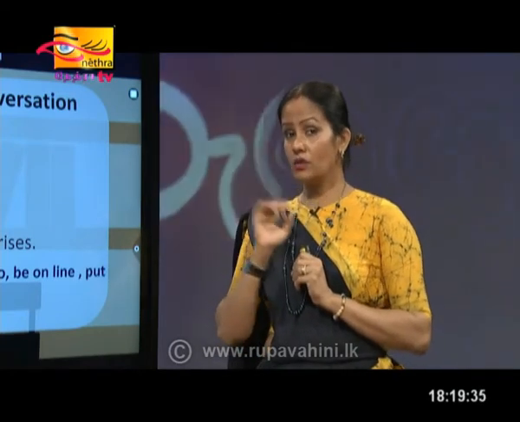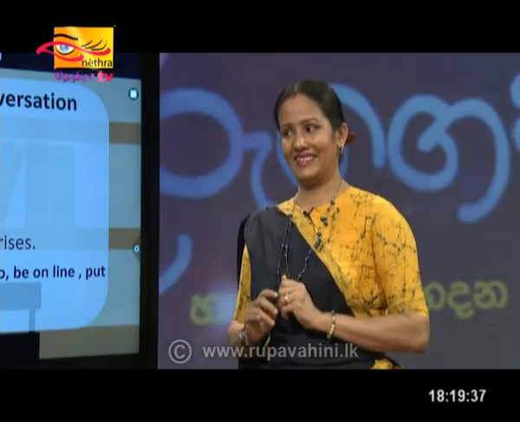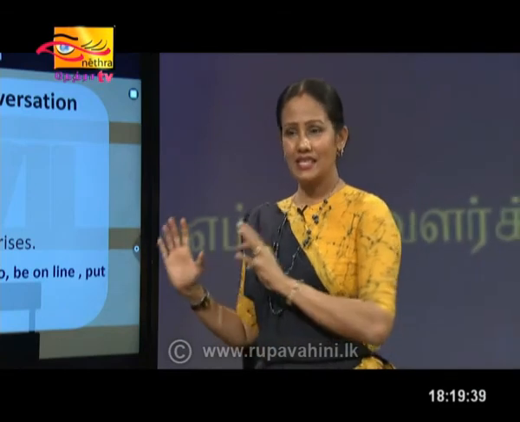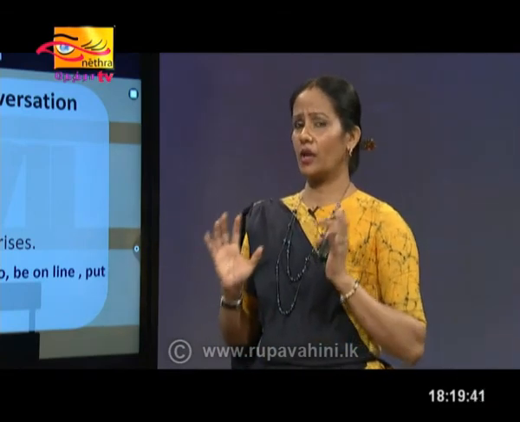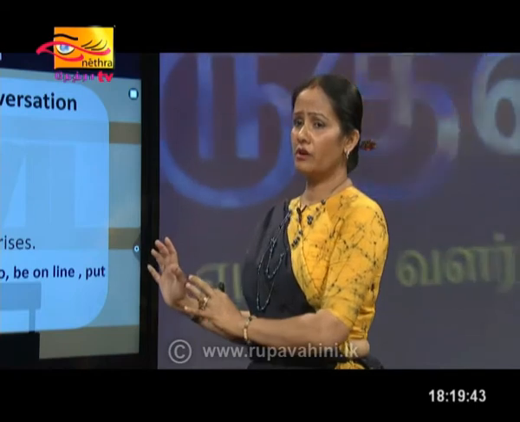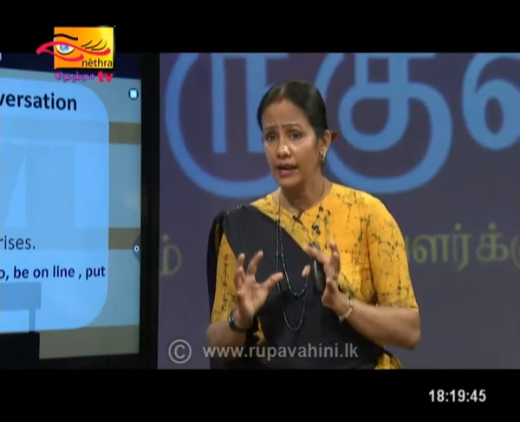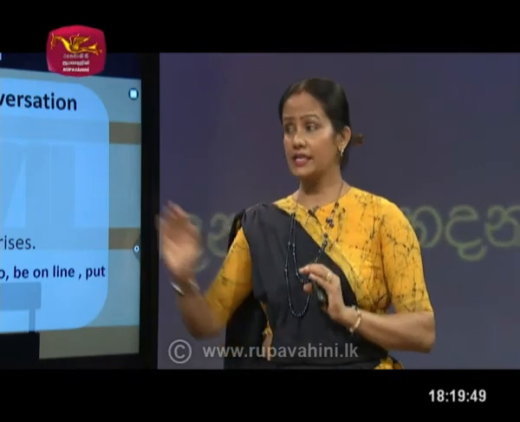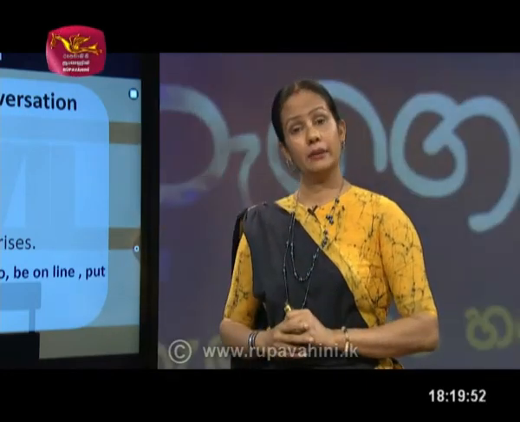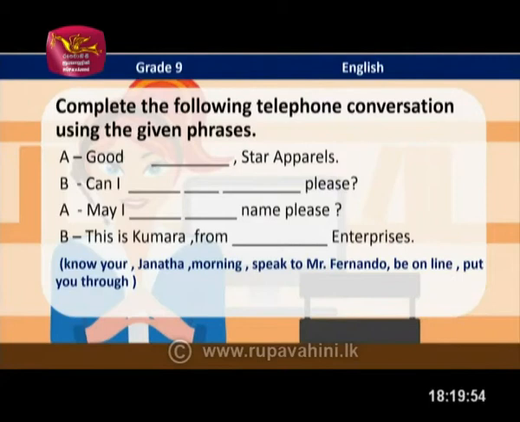As you have listened now, this is a totally different one. So you have to think now, this is a formal telephone conversation, and you have to think what are the most relevant phrases to fill these blanks to make it a complete telephone conversation. There are some phrases given, and down below the answers are given.